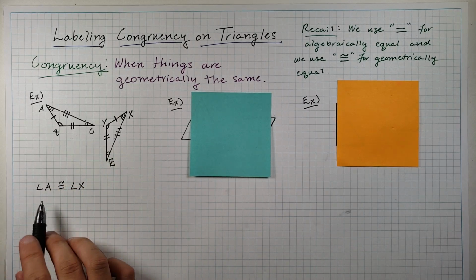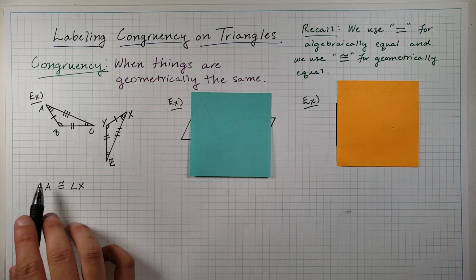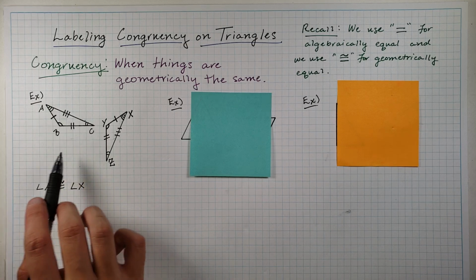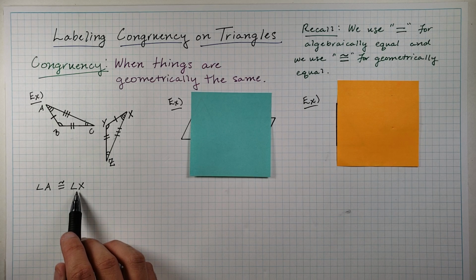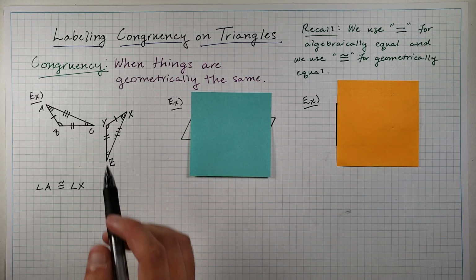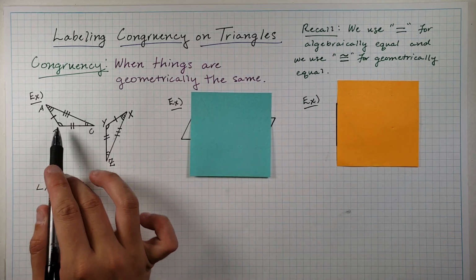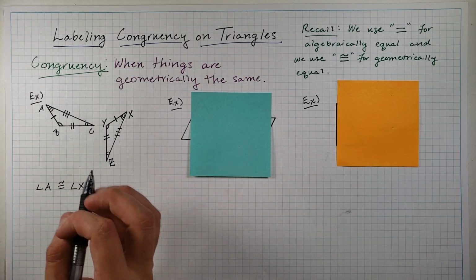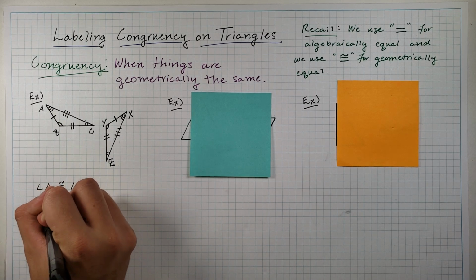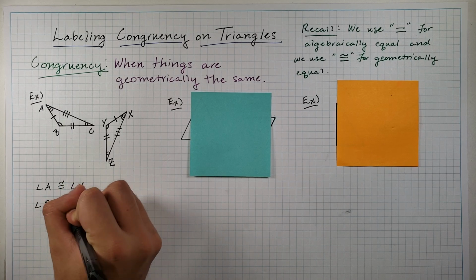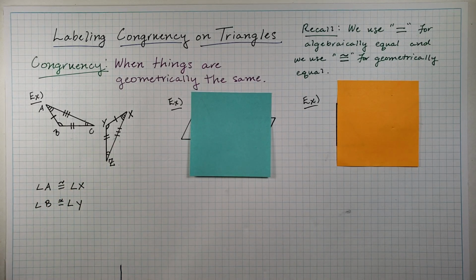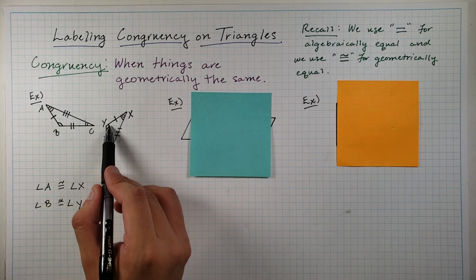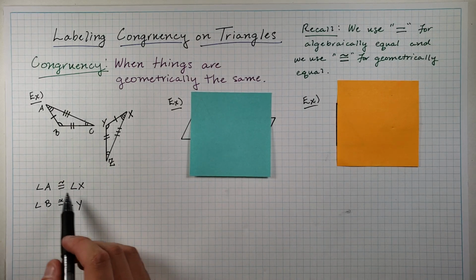We just showed two geometric figures. In this case, the geometric figures were the angles. So angle A is congruent to angle X. And we can say the same thing with the single arc here: angle B is congruent to angle Y, because this is a single arc and that's a single arc, so we can say they're congruent.